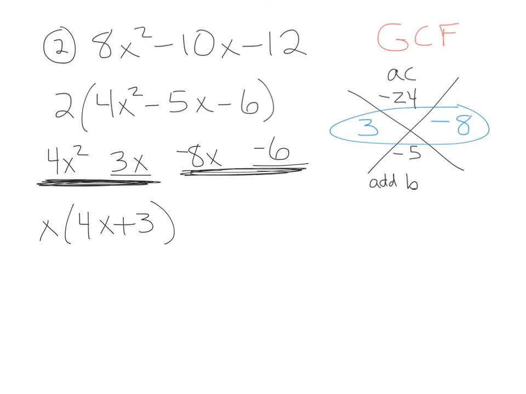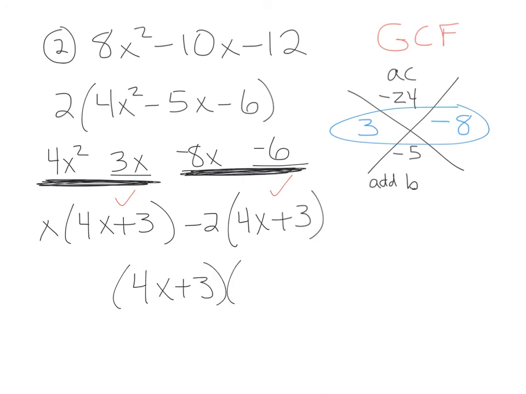In the second pair, your GCF is going to be negative 2, because a negative times a positive is a negative, and the same thing here. We have matching quantities, so we write the matching quantity and bring down what's left. And don't forget the GCF that you found at the very beginning. That's part of it too.